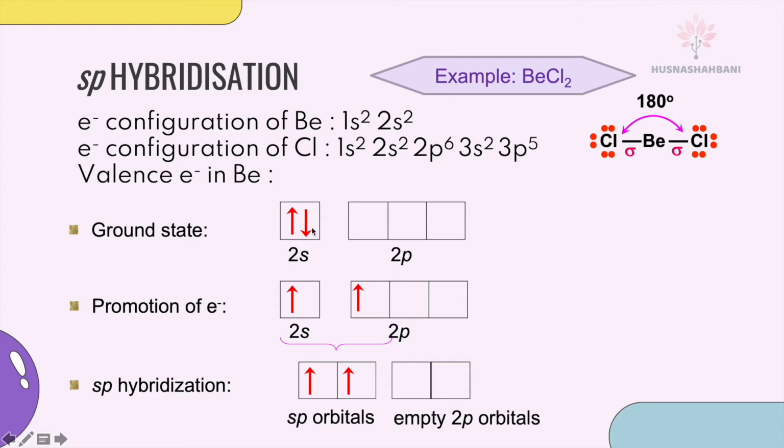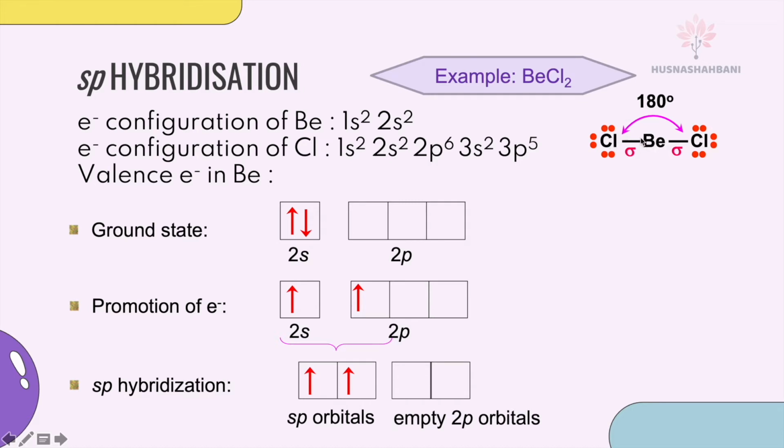For promotion of electron, you have to look at the bonds that the central atom has. This central atom has 2 bonds, 2 single bonds, 2 sigma bonds. When the central atom has 2 single bonds, it needs 1 unpaired electron to be bonded with each chlorine.